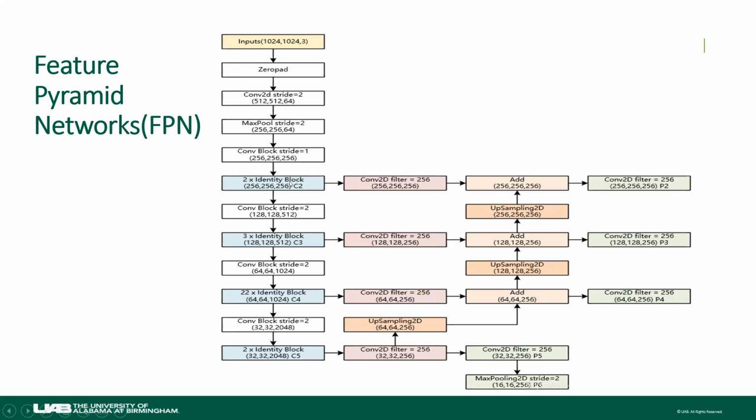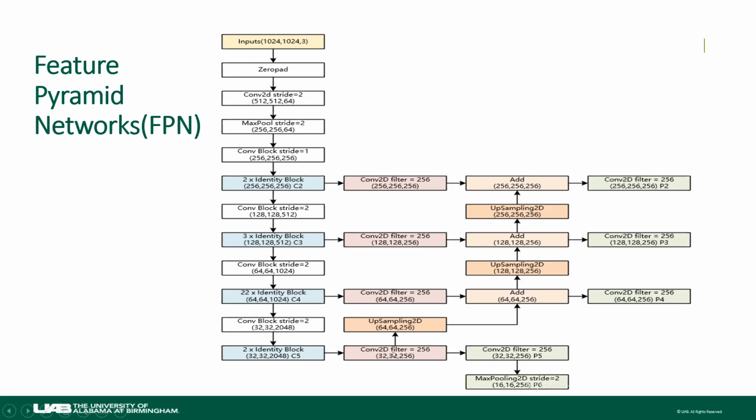This blue part, C2, means the original picture has been compressed twice, and similarly, C5 means it has been compressed 5 times. After we get C2 to C5, we do convolution on C5 and then convolution again to get the pink part. Then we do convolution again to get P5, and do max pooling on P5 to get P6.